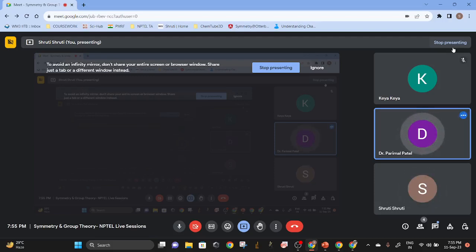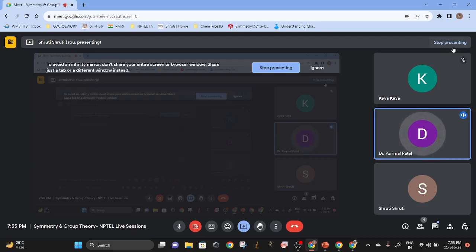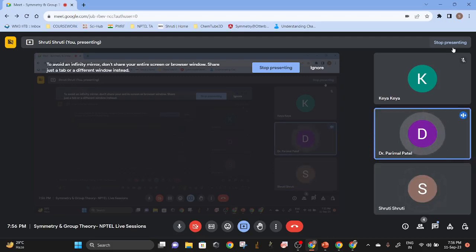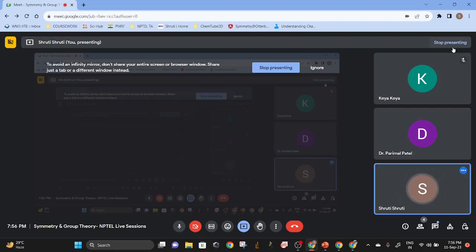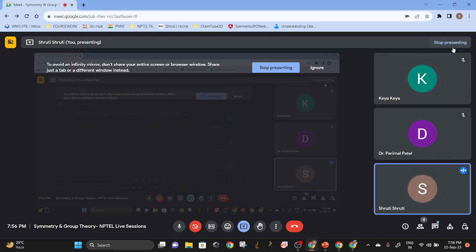I have kept it in this range, but they don't accept my photos. I have emailed them also. Maybe you can change your photo and compress it a bit and then try to upload. I have tried so many times, ma'am. Maybe there is some issue with the form itself then. I have emailed them also, ma'am. Okay, fine. What about you, Kea? Did you register for the exam or are you just taking the course? For learning purposes, ma'am. Okay, fine.